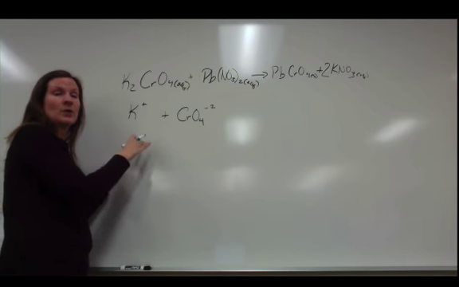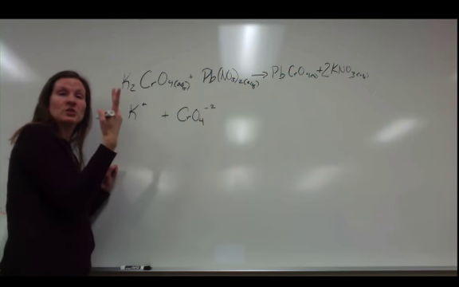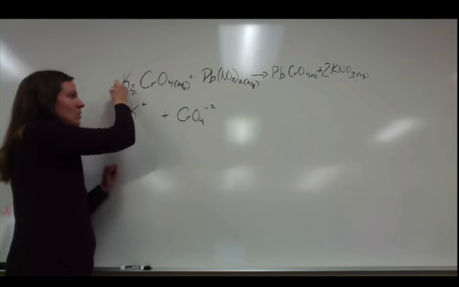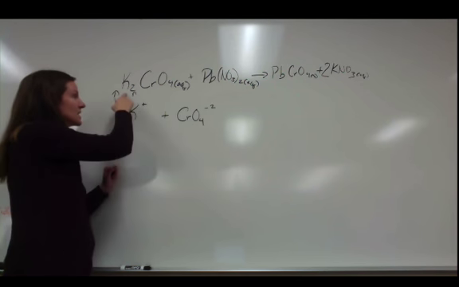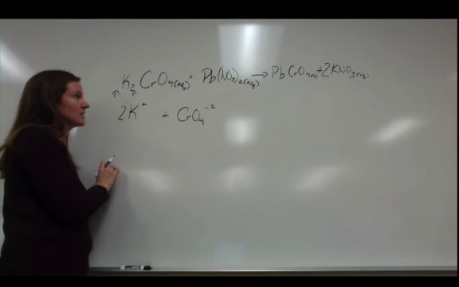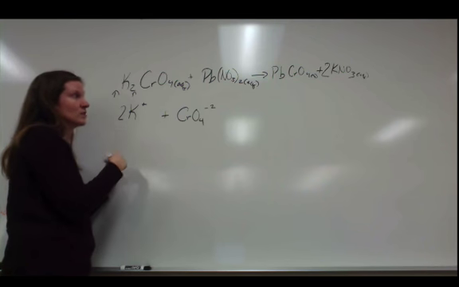The other thing you need to report is how many you have, and how many you have can be reported to you in two places. It can be a subscript, or it can be a coefficient. In this case, this 2 is telling me I have 2 potassium ions, and I just have 1 of the chromate. There's no coefficient.